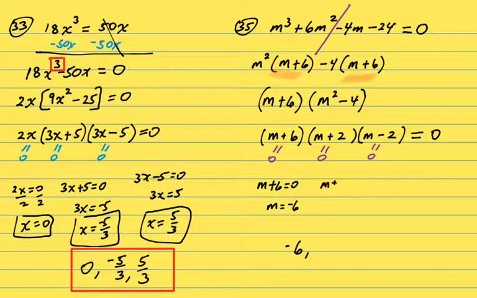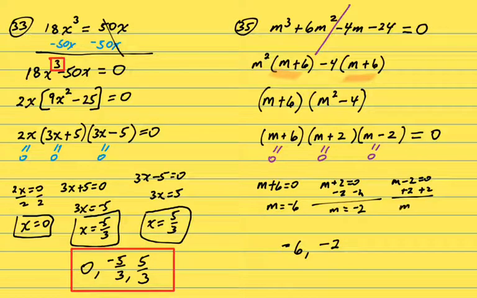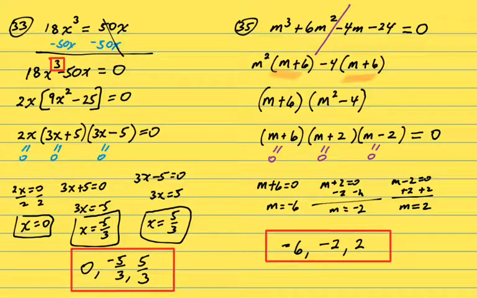If m plus 2 equals 0 and I subtract 2, m would equal negative 2. And if m minus 2 equals 0 and I added 2, m would equal 2. So again, there are 3 solutions to this problem because the maximum number could be 3.